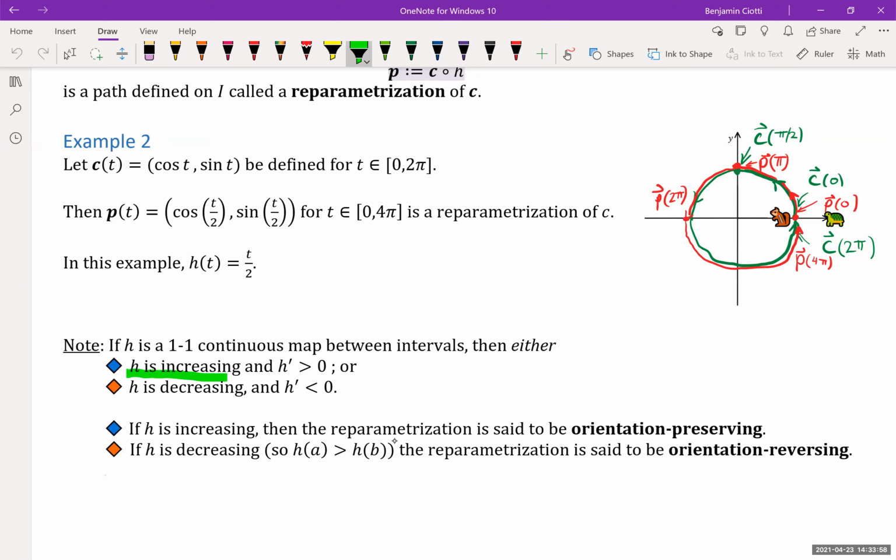If it's increasing, which corresponds to the derivative being positive, then we say that the reparametrization is orientation preserving. On the other hand, if it's decreasing, which is to say the derivative is negative, then we say that the reparametrization is orientation reversing.